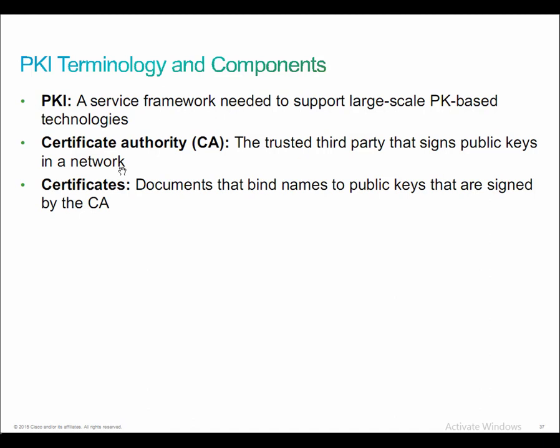The ability to scale public key cryptography, provide authenticity, confidentiality, integrity, non-repudiation, and so on. Two very important terms: the CA, which stands for Certificate Authority. That is the trusted third party that will digitally sign the public keys of the entities based on that certificate signing request.